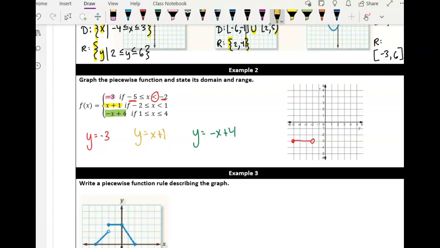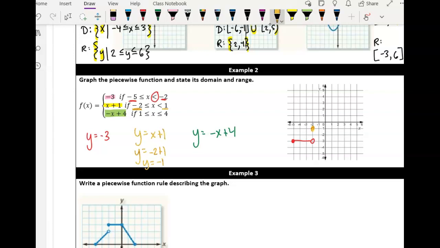All right. Then I'm going to go to x plus 1. Again, my boundaries are -2 and 1. So just plug in: when x is -2, my output is going to be -1. That gives me my furthest point left, and then I plug in 1 and I'll get my furthest point to the right. So when I plugged in -2, I got out a -1, and that's a closed circle because of the equal to sign.